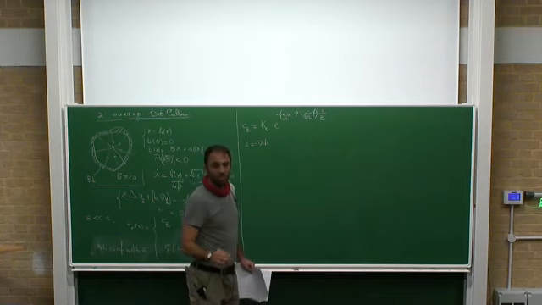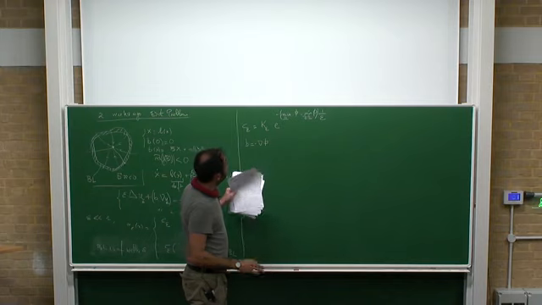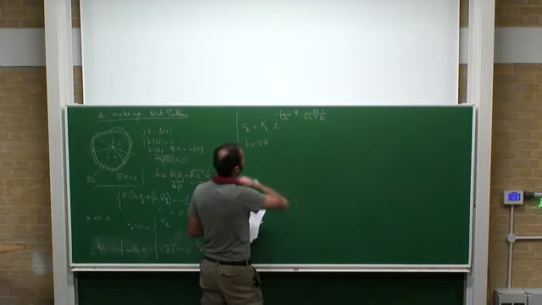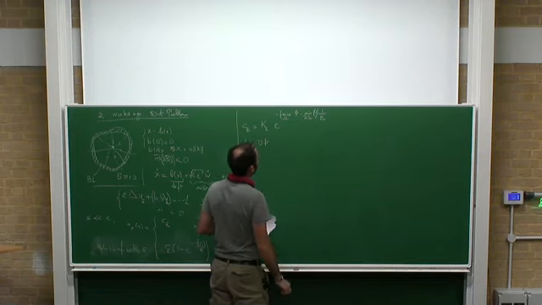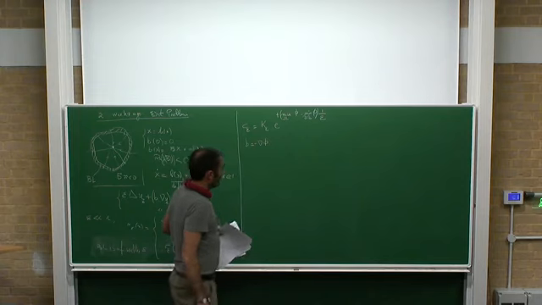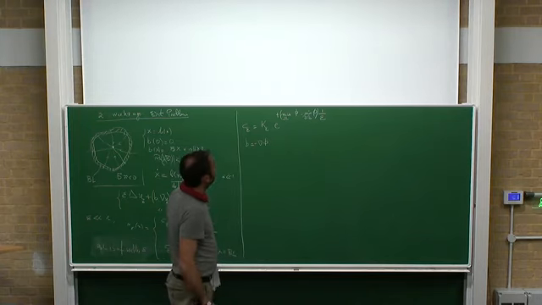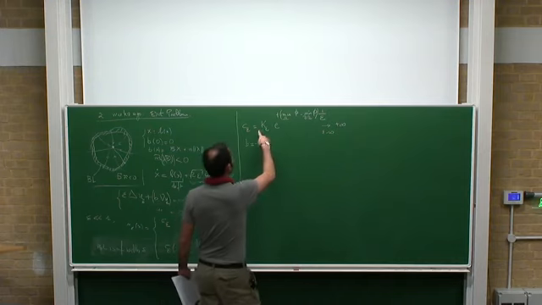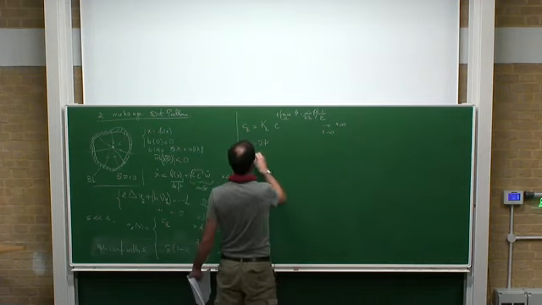So this was the mean first passage time. So C epsilon goes to infinity as epsilon goes to 0, and kappa epsilon is a positive constant.